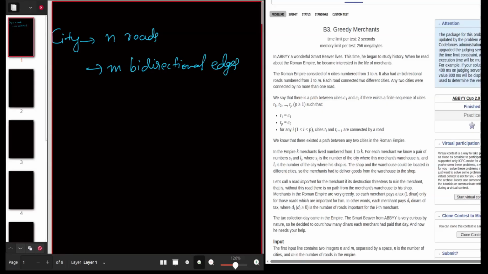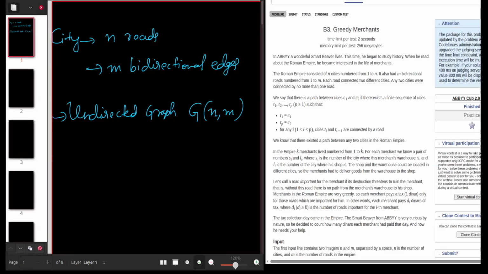You can model this problem as an undirected graph G with n nodes and m edges. There are also other properties, like any two cities were not connected by more than one road, so there are no multi edges.